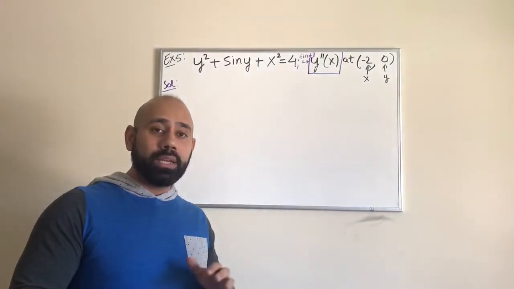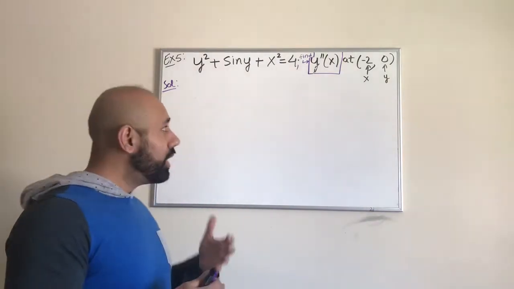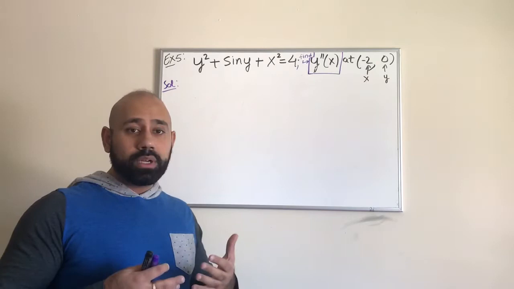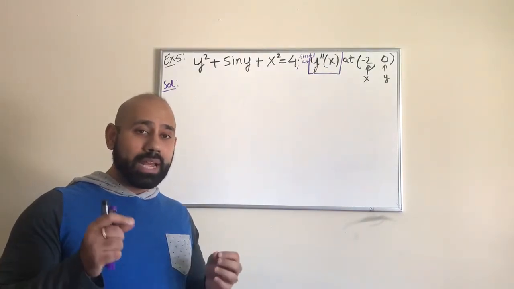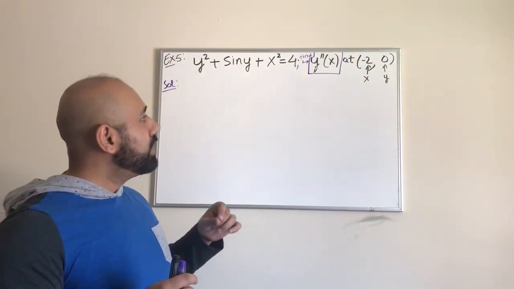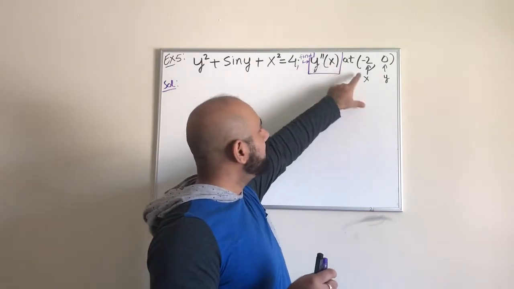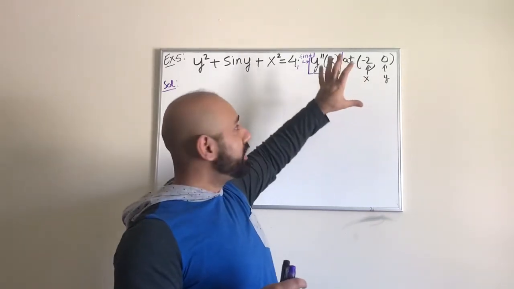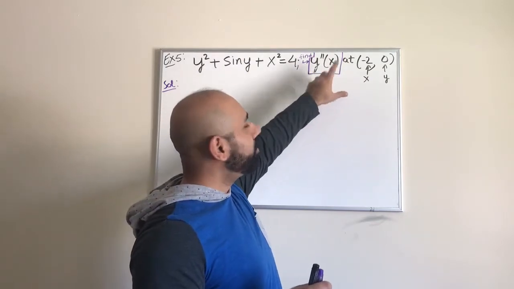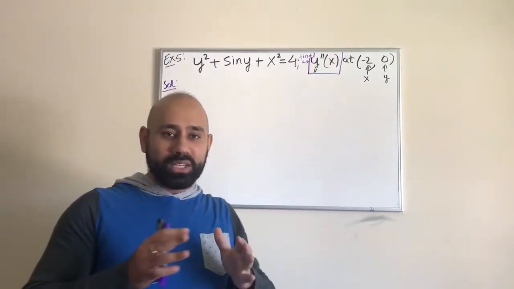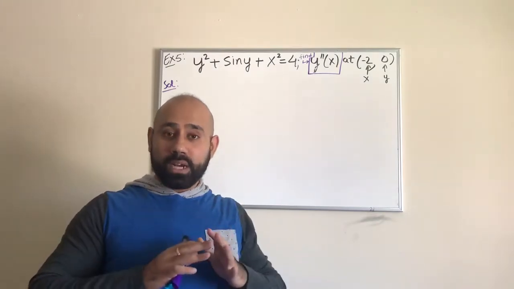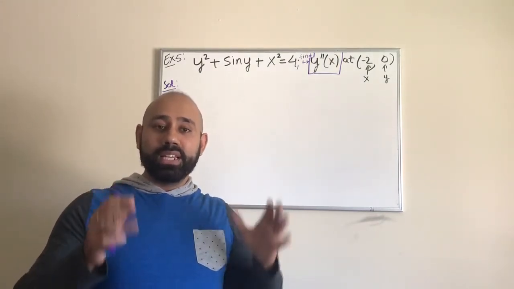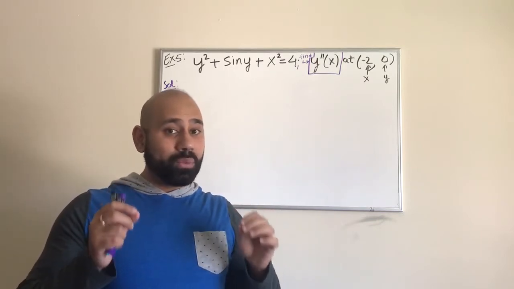So we have to evaluate the second derivative, y double prime, at x equal to -2. In this case, we may not see that we need a y, but when we write out all the steps, we will see at the end that we will definitely need to substitute the value for y as well.